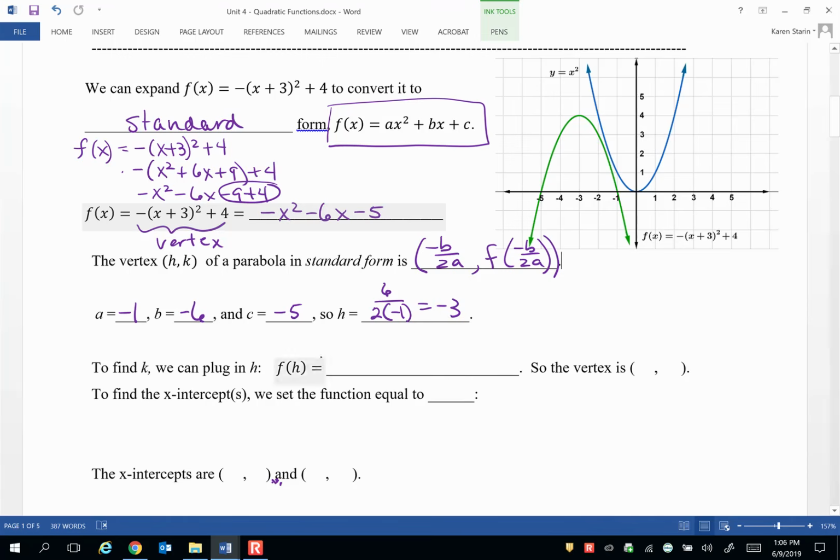And then we'd have to figure out what is f of negative 3. So going to standard form, we have the opposite of negative 3 squared minus 6 times negative 3 minus 5. So we'll have negative 9 plus 18 minus 5, and that will give us the 4 that we already knew k was. So we have negative 3, 4.